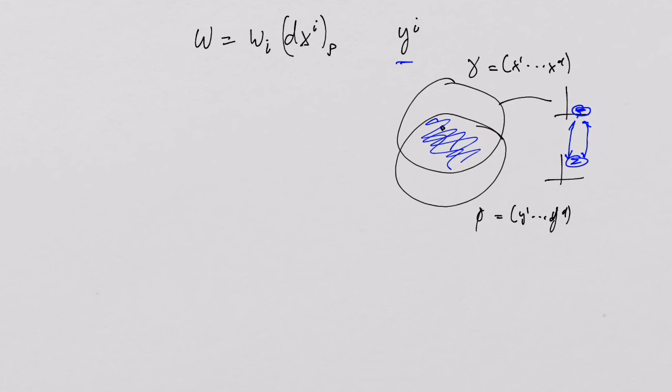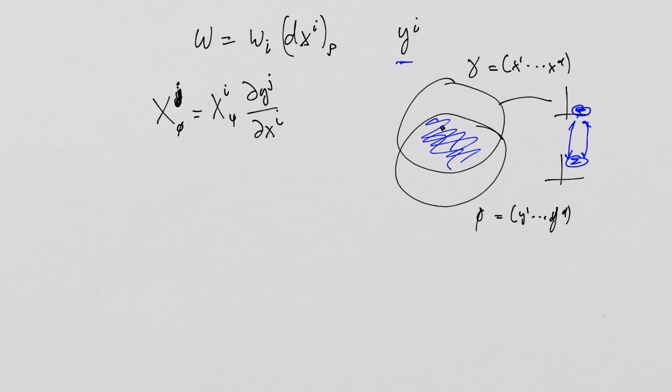There we learned that the new component, xi, in one chart was equal to xi in the other chart times dyj over dxi. No, because the i's have to stay over. Hold on a second. This would be a j.